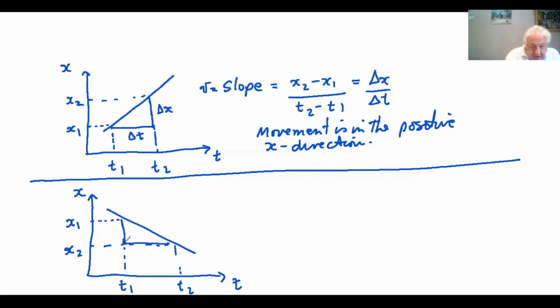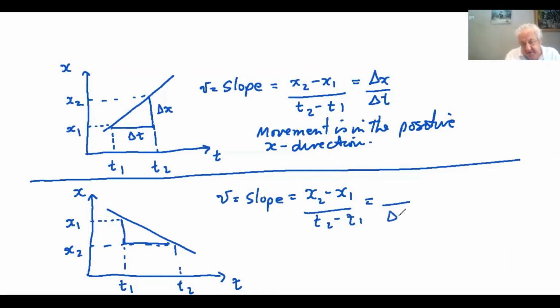I'll draw the intervals in a moment, but let's have a look what the velocity is here. Slope equals x2 minus x1 over t2 minus t1. This is bigger than this, so this is a positive interval. But this time, this is smaller than this one, so the final position is smaller than the initial position.